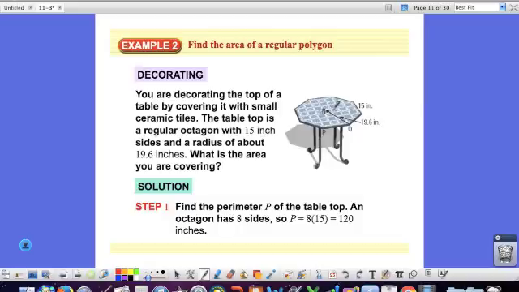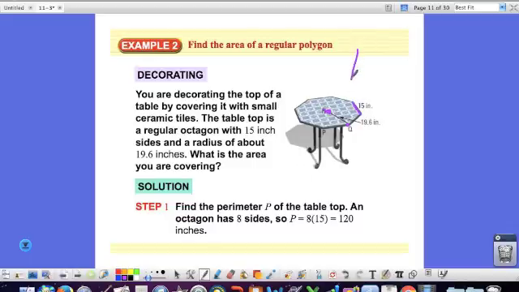Here we have the top of a table that's an octagon, and they tell us that the distance from the center to the vertex is 19.6, okay? And then the length of one side is 15.